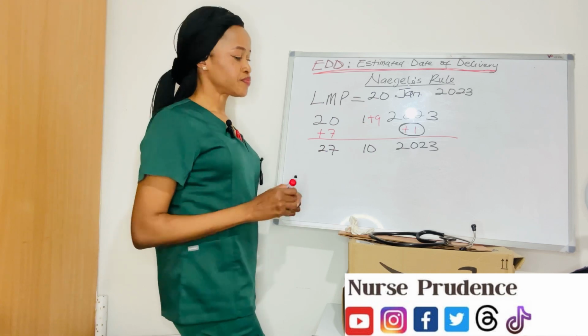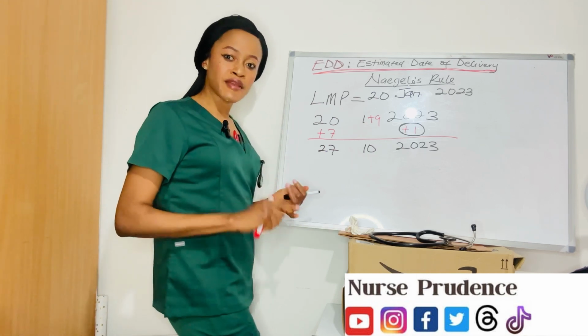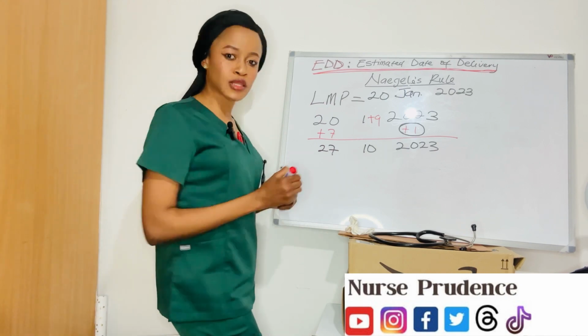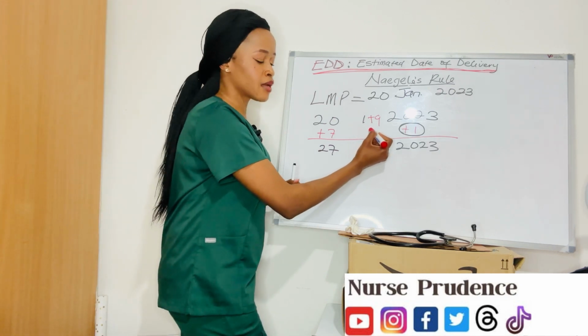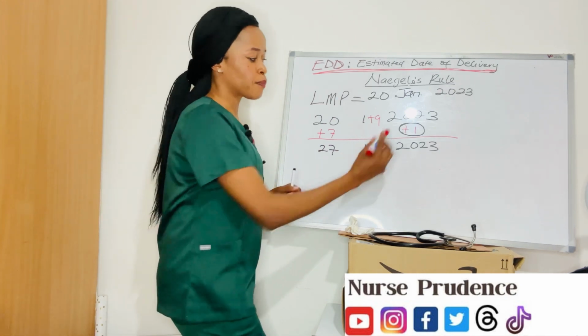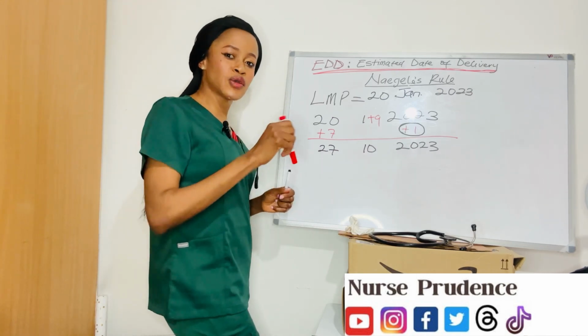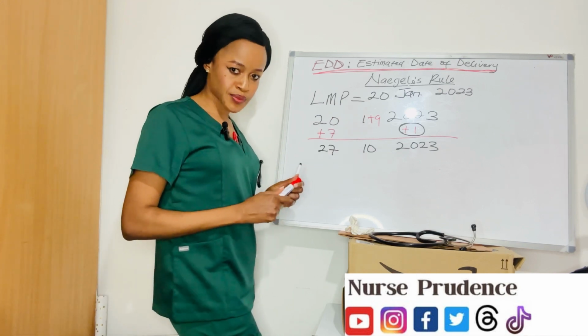Hold on. Whenever the month is January, February, or March, and we are making use of the 9 months method, please do not include the -3 and +1 for the year, because the EDD will still be the same year when you are using the +9 method.